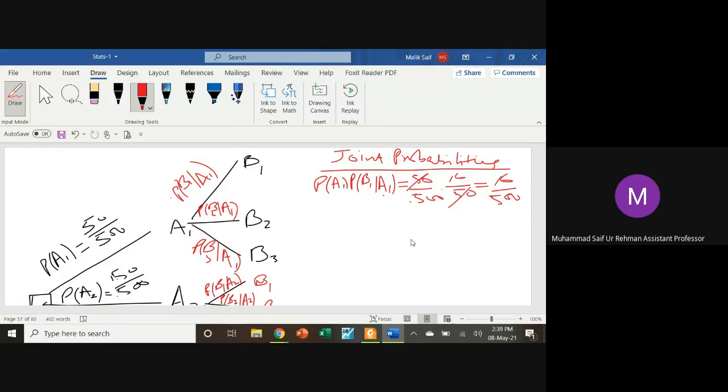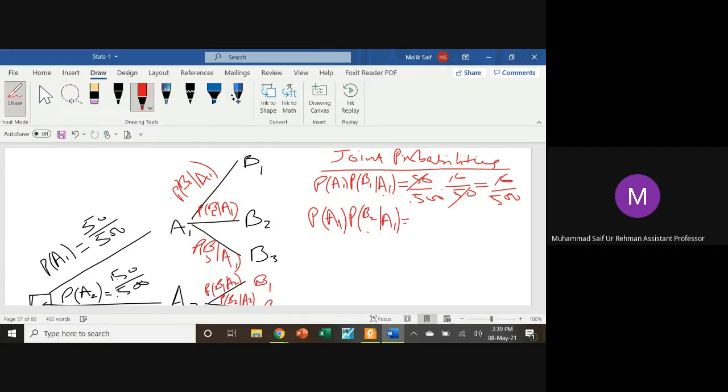Then see the next value. Probability of A1 multiplied by probability of B2 given A1.